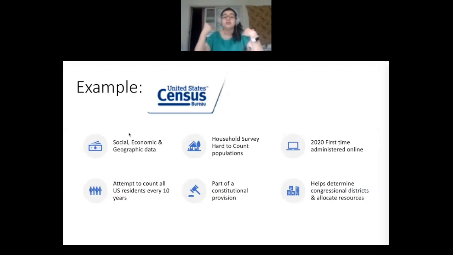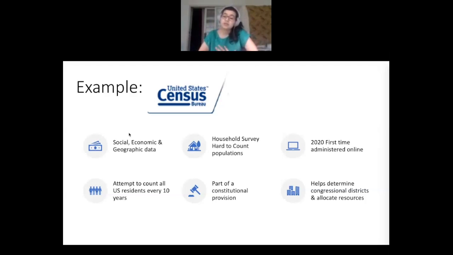So it's an attempt to count all US residents every 10 years. It's probably one of the most extensive actual counts of residents. And it's part of a constitutional provision, so it's constitutionally required for us to count all US residents every 10 years.